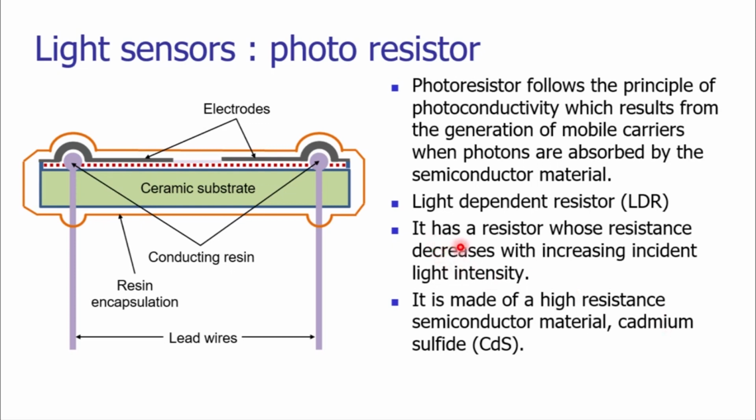So these LDRs are resistors whose resistance decreases with increasing incident light intensity. One such material is cadmium sulfide. This is a semiconductor material, and its resistance is very high in the dark. And that will be utilized to detect the light.